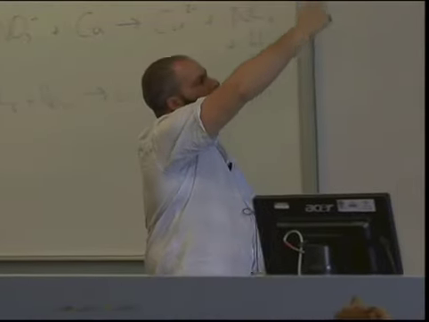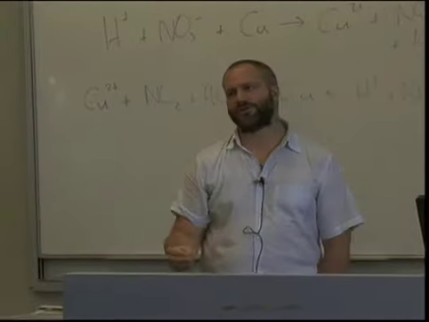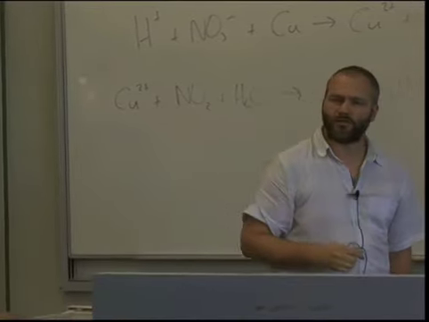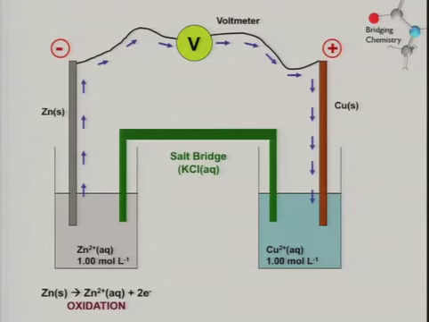Yeah? Okay, so if the voltmeter reads positive, that means the right-hand electrode is positive. That means the electrons are going to the right-hand side of your galvanic cell. Now, what does that mean in terms of the chemistry? What it means, hopefully you can read this at the bottom, is that on the zinc side, the electrons are going out of the zinc side and over to the copper side, so the zinc side must be where the oxidation's happening.